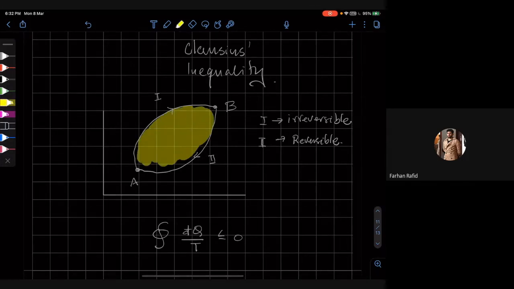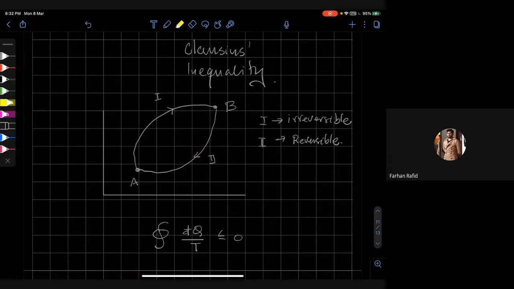When we were doing the PV diagram, if this was a Carnot cycle, then that would be work. But here we are not representing this thing graphically in this graph. Do you understand now? Yes, sir. Okay. Good.